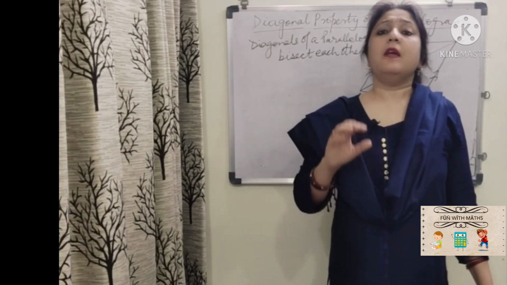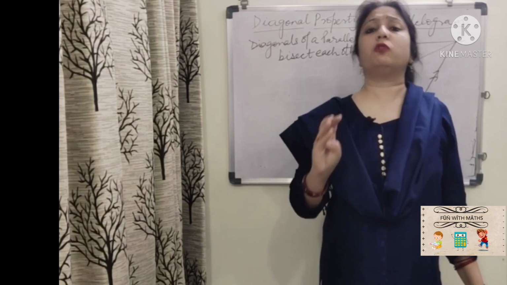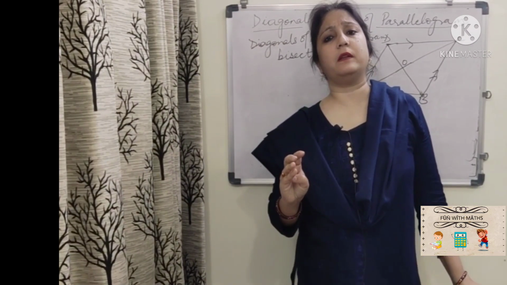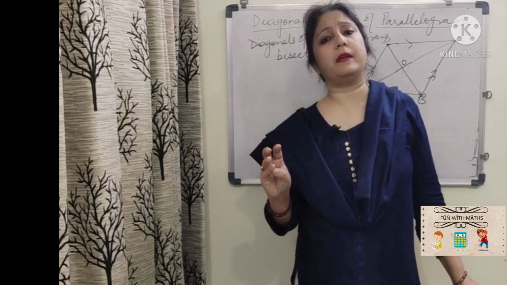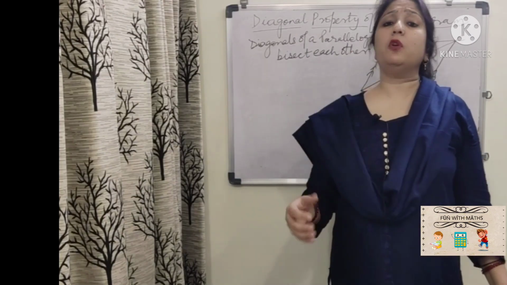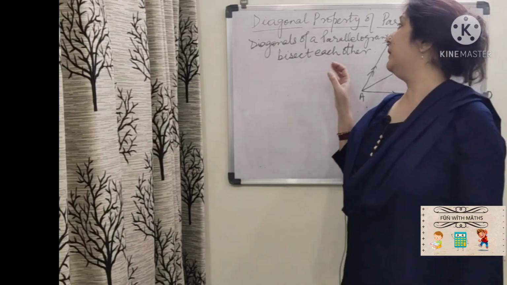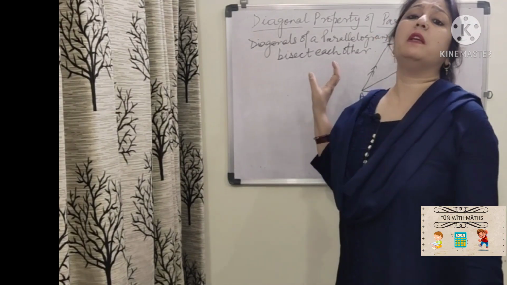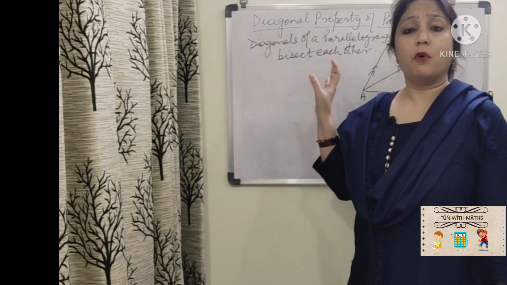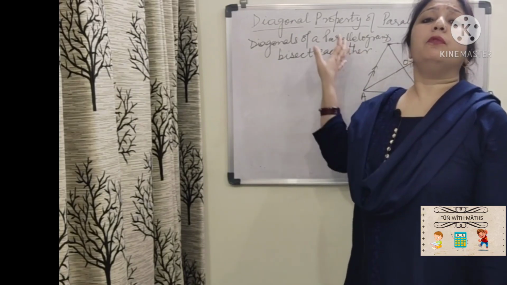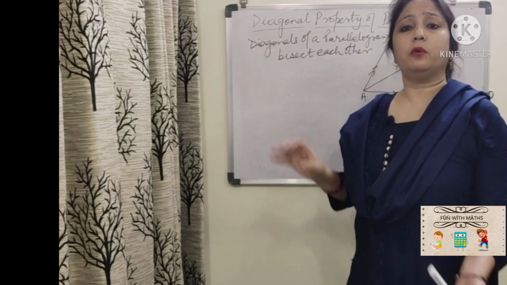Am I clear? Because in a square also diagonals bisect, in rectangle, rhombus also diagonals bisect. So wherever you have to use diagonals bisect, children, you will use this method only. So be focused that what type of triangles I am going to take.